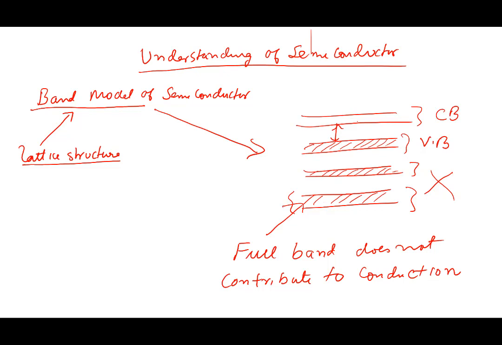The conduction band doesn't remain completely empty. There are a few electrons there, and the valence band becomes partially empty. So both bands are partially empty, and then these bands can contribute to current conduction.